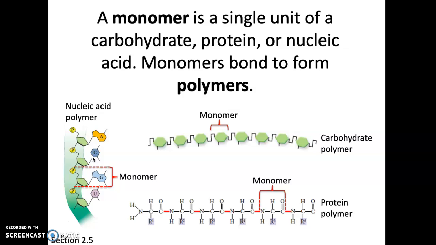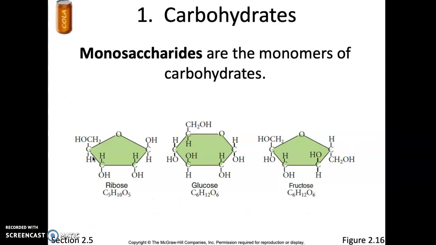So each one is going to have a bead, and you go adding beads onto that necklace, okay, forming a polymer. So if we start out with carbohydrates, instead of calling it just a monomer of a carbohydrate, we can be more specific and call it a monosaccharide. And then we know it's a monomer of a carbohydrate. Much harder to say. Monosaccharide is easier. So it's the monomer of a carbohydrate.